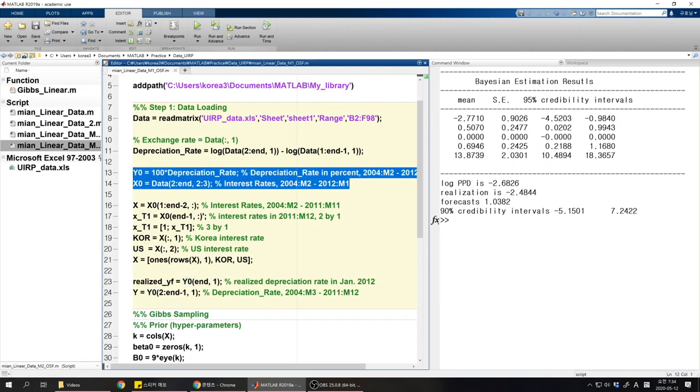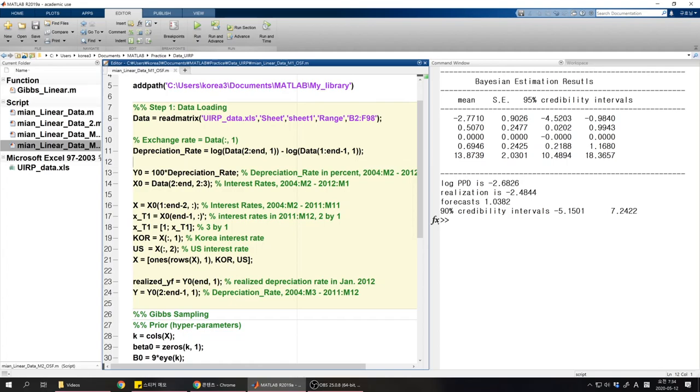This is the full sample. And then this is the data that will be used for regressors, and this is the regressor that will be used for forecasting. To consider the intercept, we added 1 here.